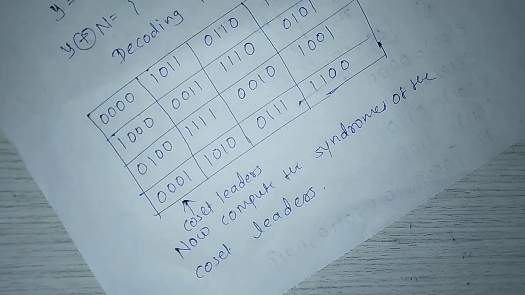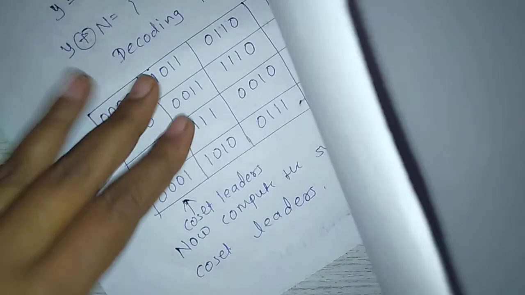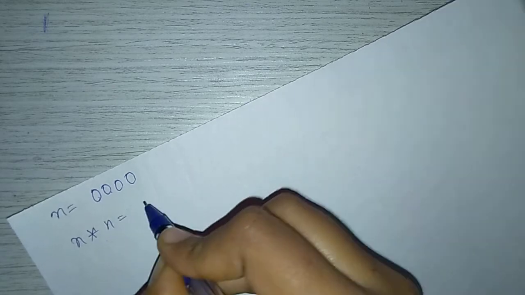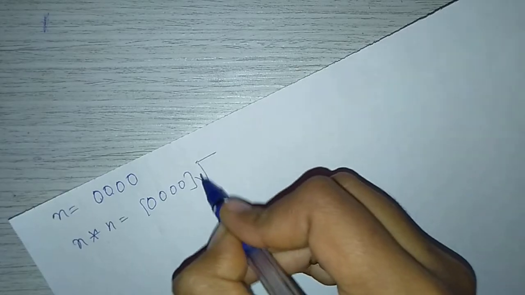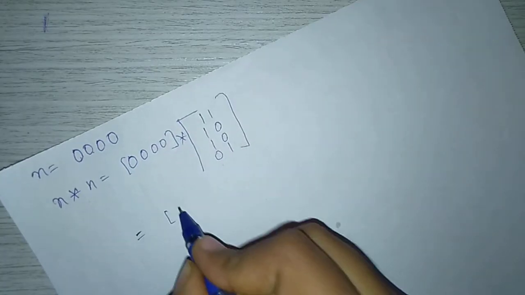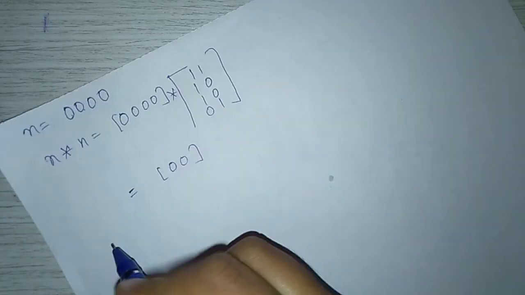First take x equal to the first code word 0 0 0 0. x star h equals 0 0 0 0 times h, which is 1 1 1 0 1 0 0 1. Multiply these two matrices, we get 0 0.